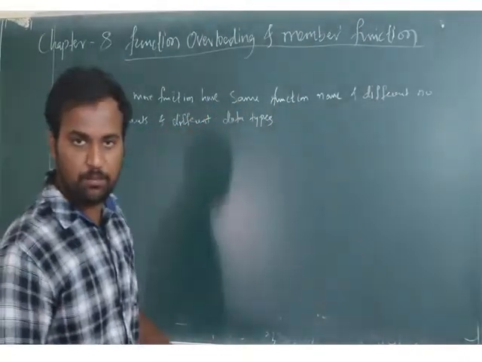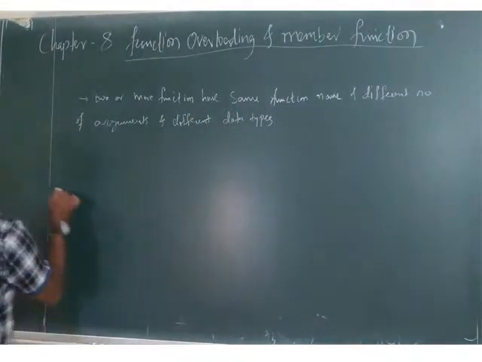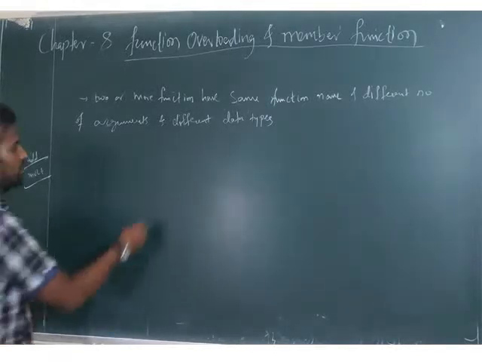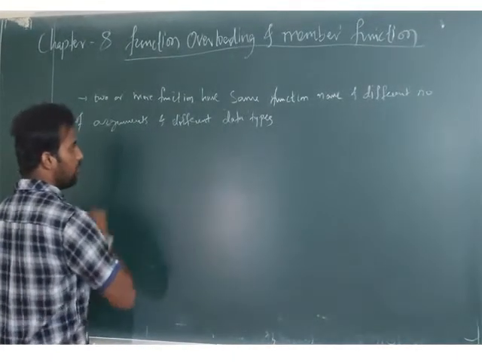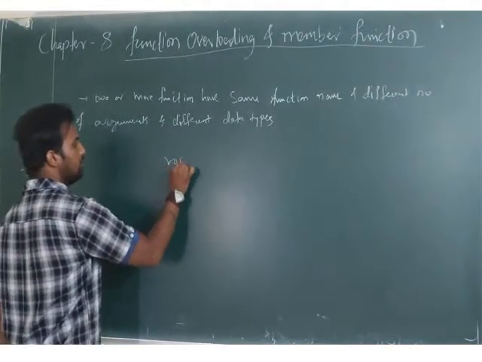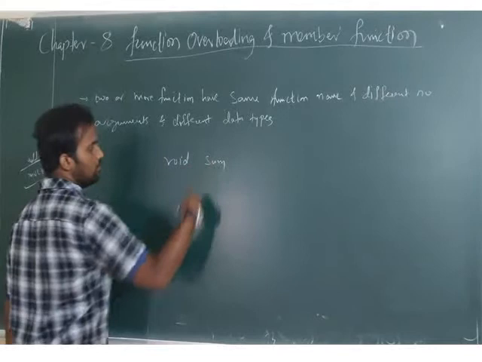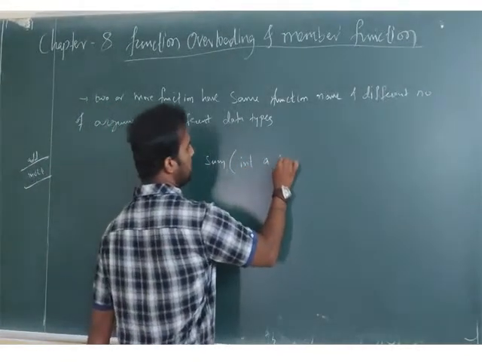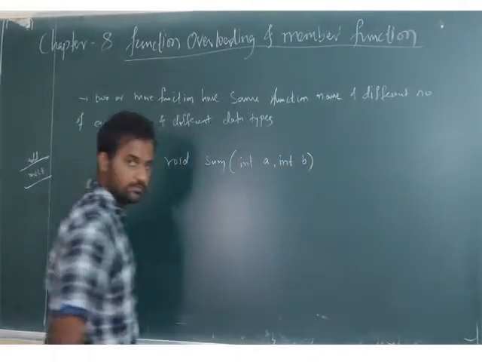Functions have same name means, for example, take addition and multiplication. Addition of two numbers, multiplication of two numbers. So what are we doing here? We are doing addition and multiplication. Think that void sum, this is the function name, integer a and integer b.